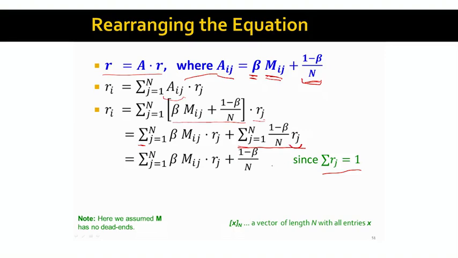So the second summation simplifies to just this constant of (1 minus beta) over n. So notice what we did. We expressed our r equals A times r into a different expression, where r equals beta times M times r plus some constant.